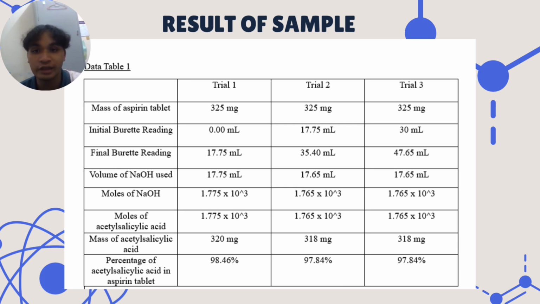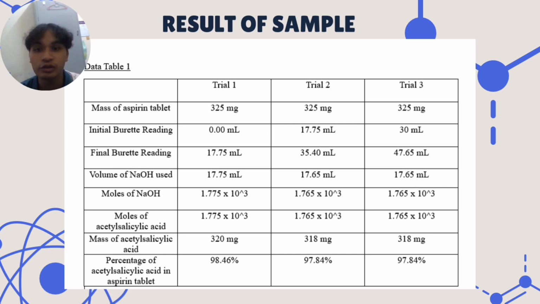For final burette reading, we have 17.75 ml for trial 1, for trial 2 we have 35.40 ml, for trial 3 we have 47.65 ml. Next, for the volume of sodium hydroxide used, for trial 1 we have 17.75 ml, trial 2 17.65 ml, and same for trial 3, which is 17.65 ml.